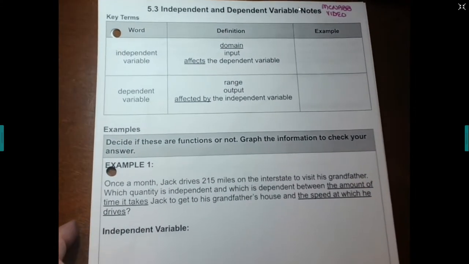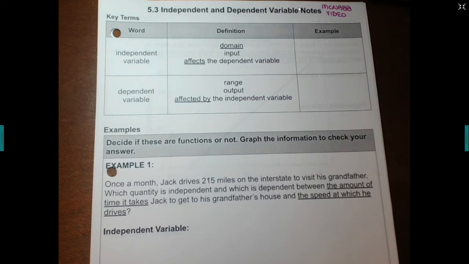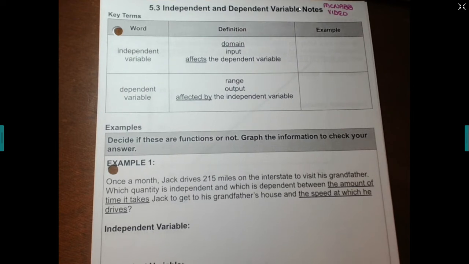Okay, so first off, we're going to talk about independent and dependent variables. You may have already talked about these in science class, if you're talking about experiments and trying to figure out, hey, what can I change? And then I'm changing my output and stuff like that. So first off, an independent variable is the domain.